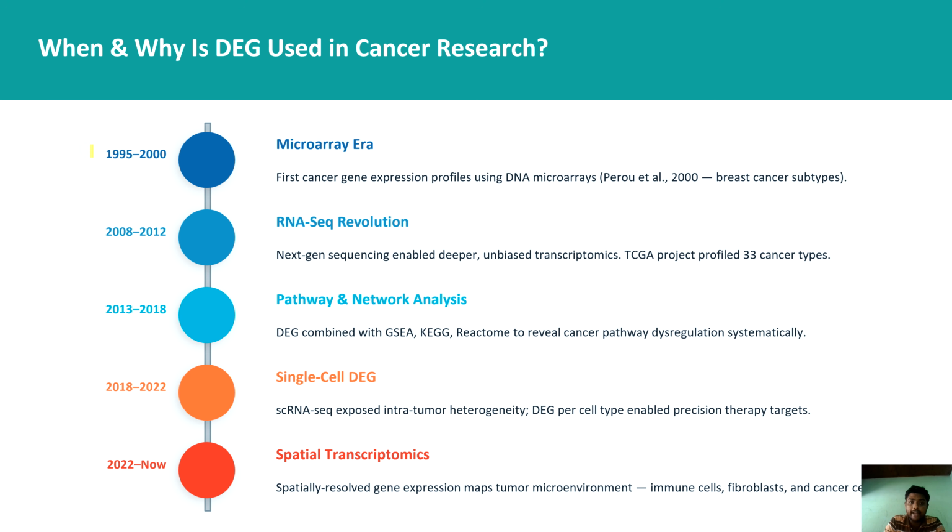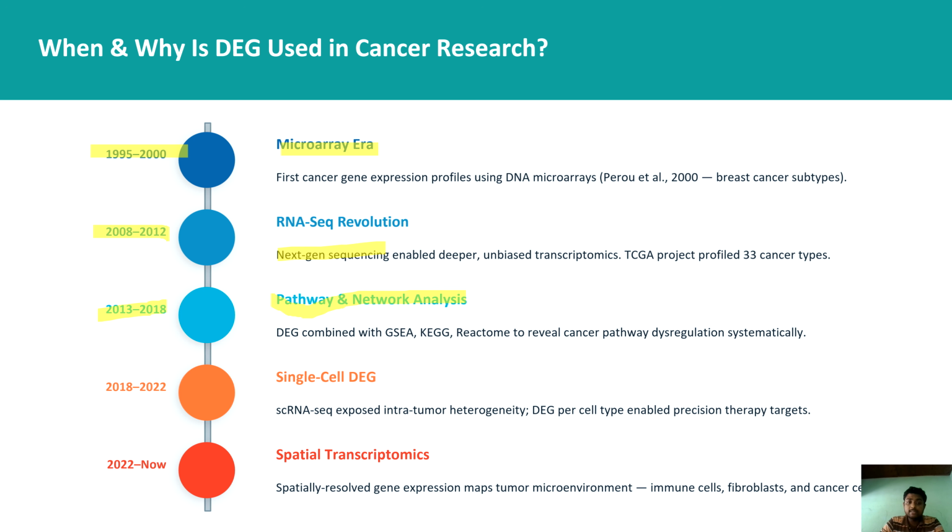Actually, at first, from 1995 to 2000, was the microarray era, where the first breast cancer subtypes were identified by microarray profiling. After that, from 2008 to 2012, the RNA sequencing revolution, next generation sequencing, came. Again, from 2013 to 2018, pathway and network biology happened, and how gene level networking works was seen at that time.